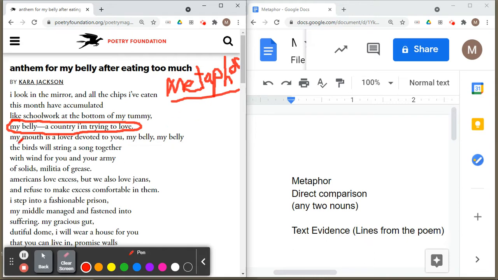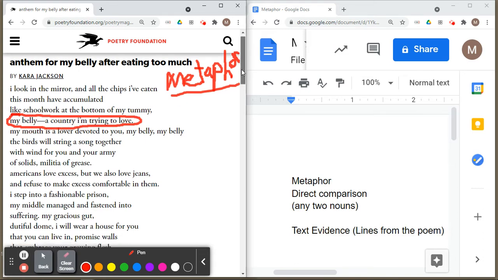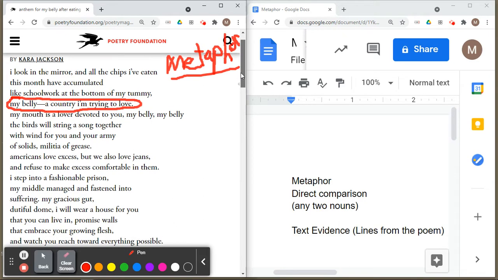Right, writers. Okay, so she's got my belly, a country I'm trying to love. Then we have this idea of my birds will string a song together with wind for you and your army of solids, militia of Greece. So, army of solids, militia of Greece.